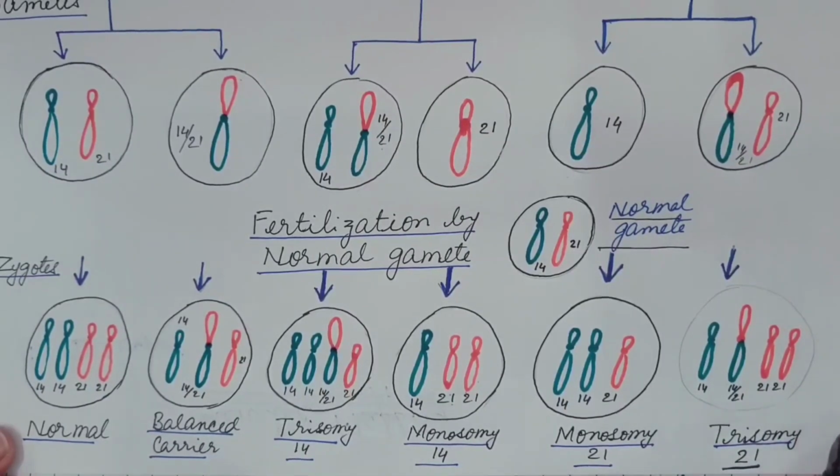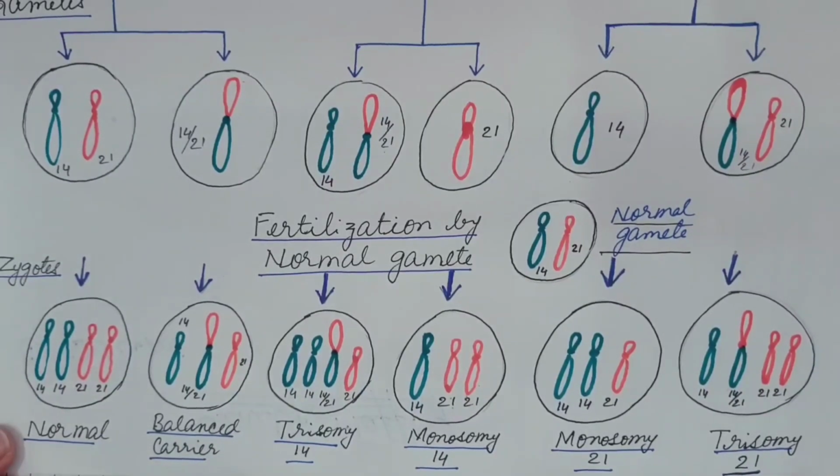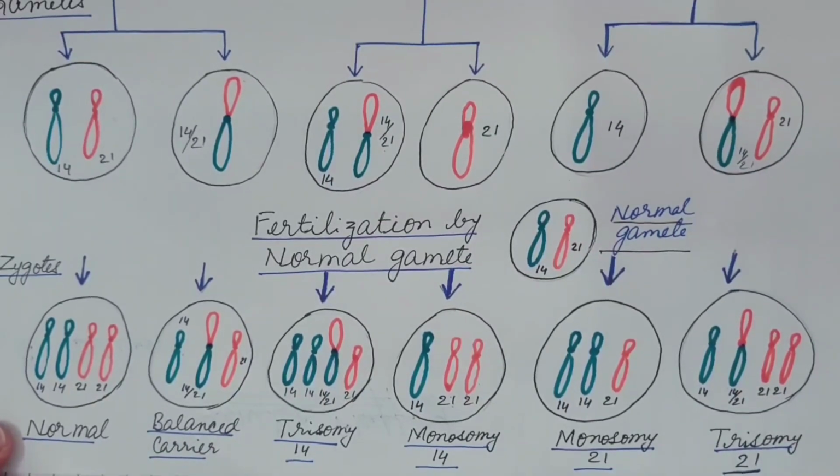So there will be a total of 47 chromosomes. This is known as trisomy 21 because it has an extra copy of chromosome 21 and this leads to Down syndrome in the individual. Down syndrome we have already discussed under the topic aneuploidy. You can refer to my video, the link is given in the description box.